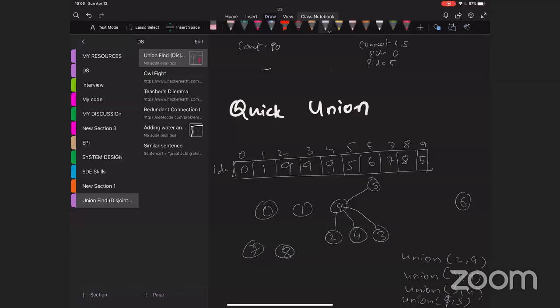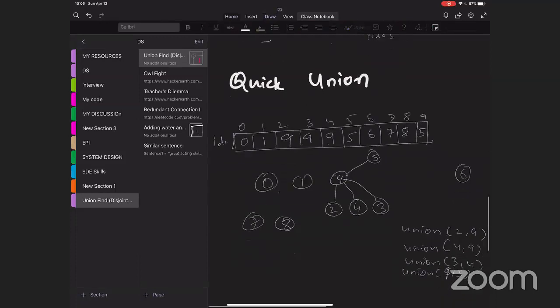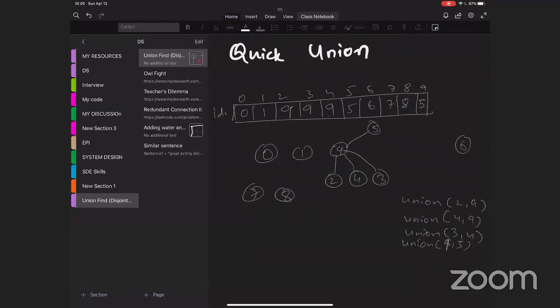Any question about what we are doing and how we are doing it? So we have kind of messed up the previous group or union, isn't it? I mean, with this new link. This time we replaced the ID of 9 with 5.